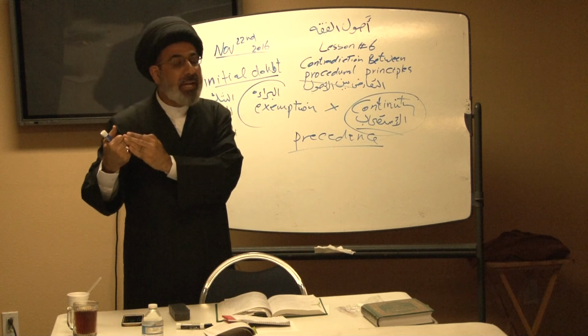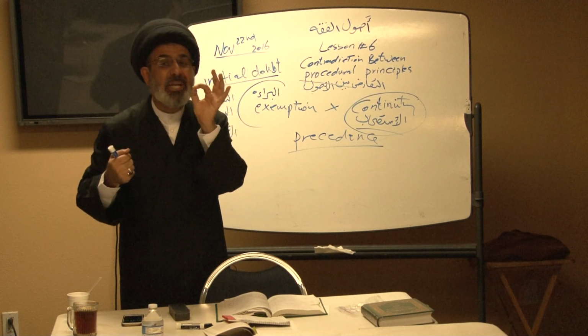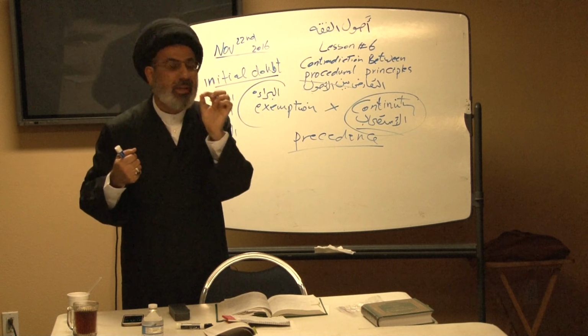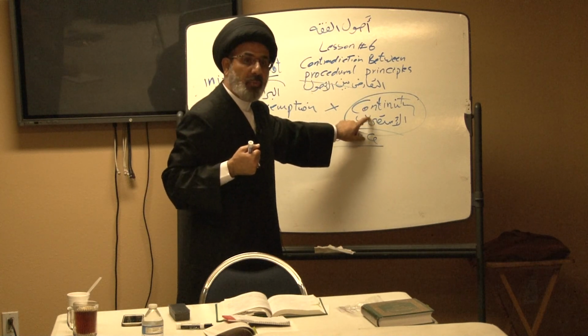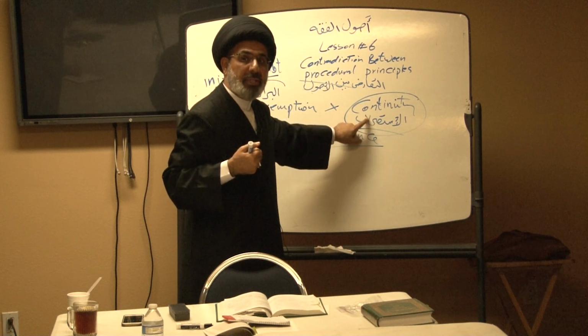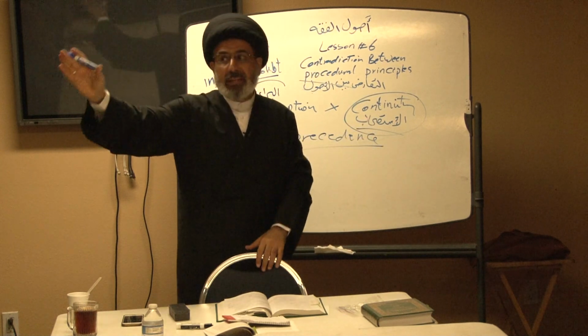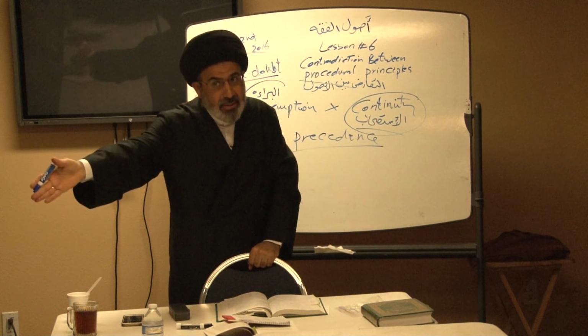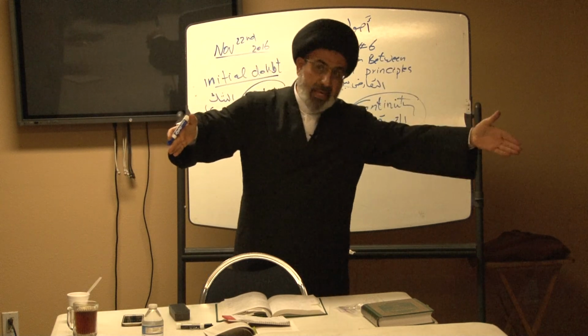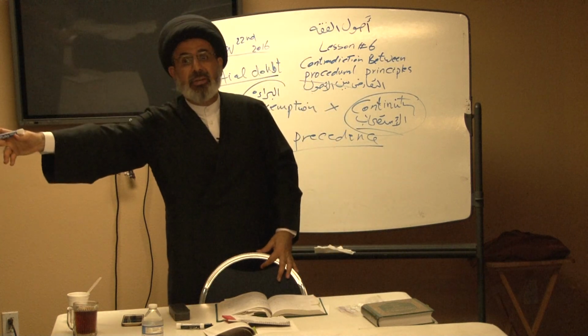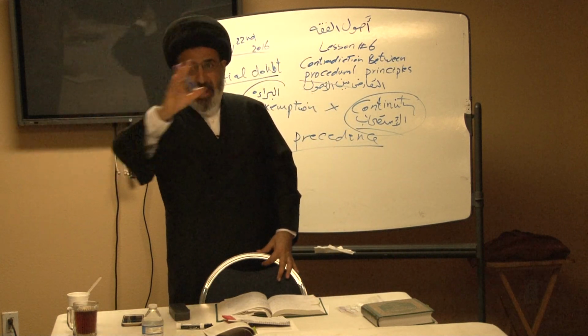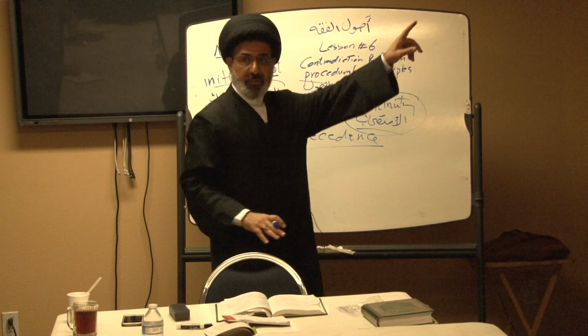I cannot break my fast until I make sure. So this one applies. We use this one when I'm certain that I have to do certain things, and I reach a point where I have doubt. In this case, I follow the certainty, I continue. So that one applies to the example of sunset.